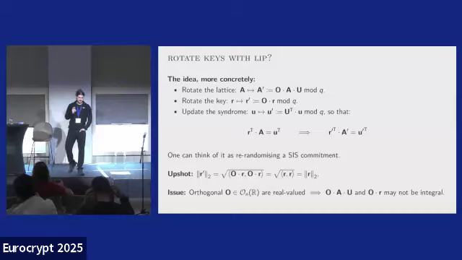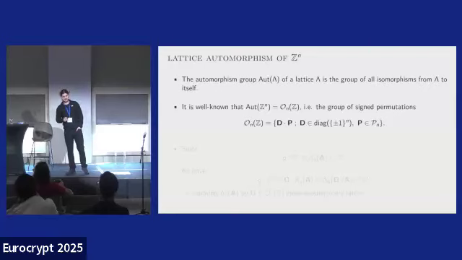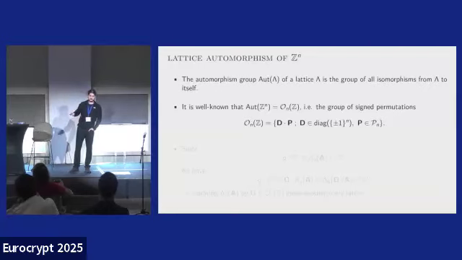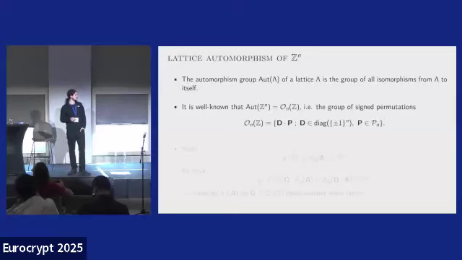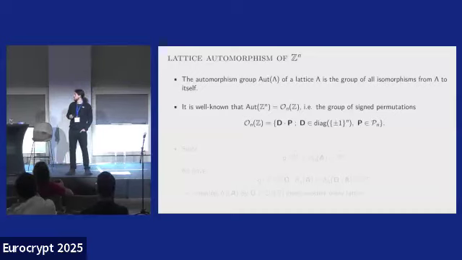But to fix this, recall that all of these lattices are Q-ary, so they're all contained in this ambient lattice Z^n. So what if we just limit ourselves to isometries that preserve this ambient lattice? The way to do this is to consider automorphisms of Z^n, which are just lattice isometries that map Z^n back to Z^n, and it's a well-known result, or just a product of a simple computation, that this is just the group of signed permutations.